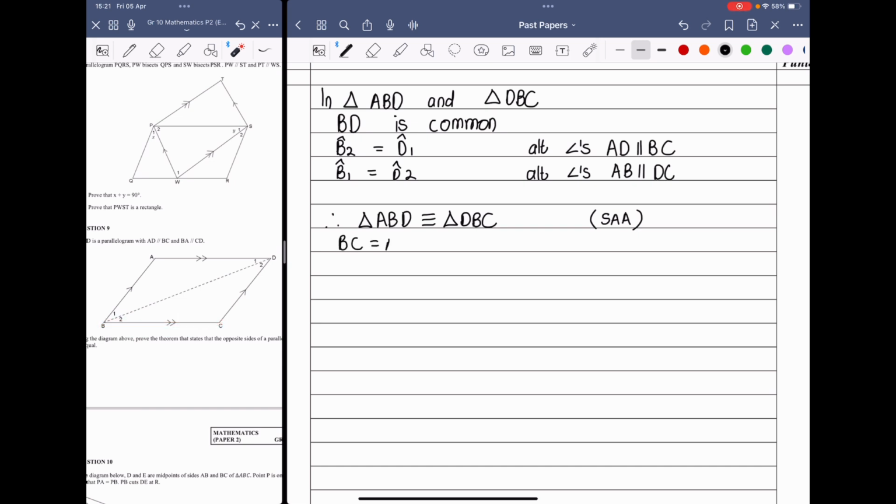So BC equals AD, and that's because of congruent triangles. And AB equals DC, also congruent triangles. Therefore, opposite sides of parallelogram ABCD are equal.